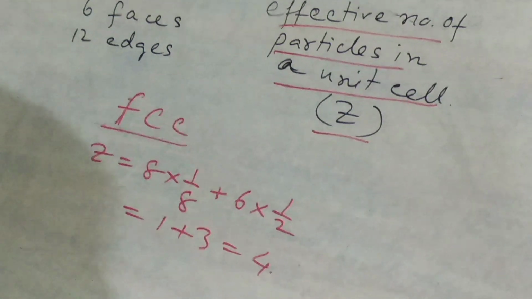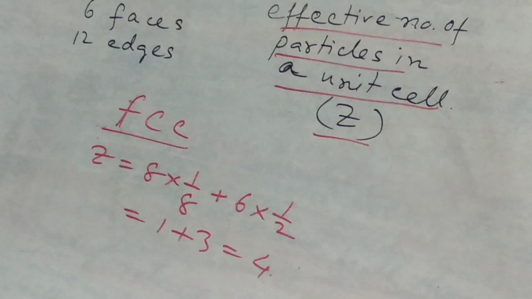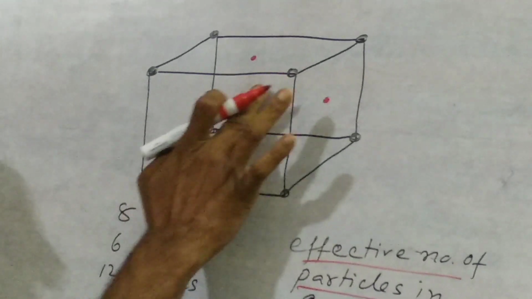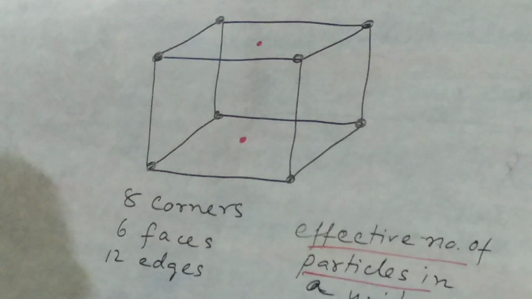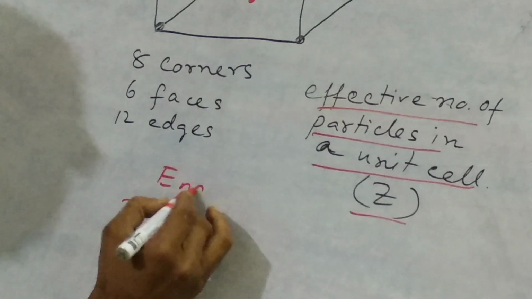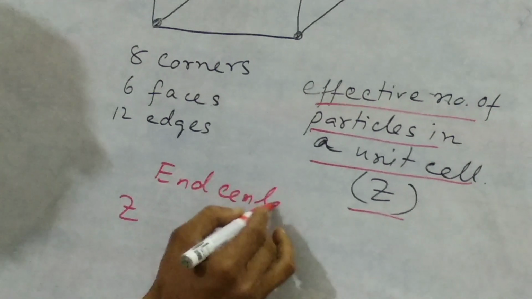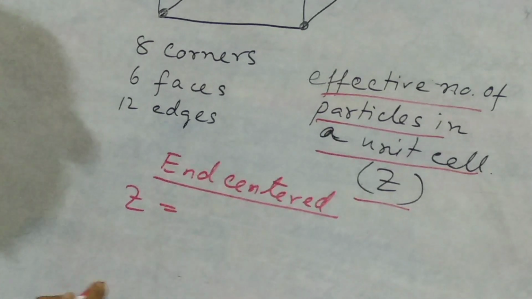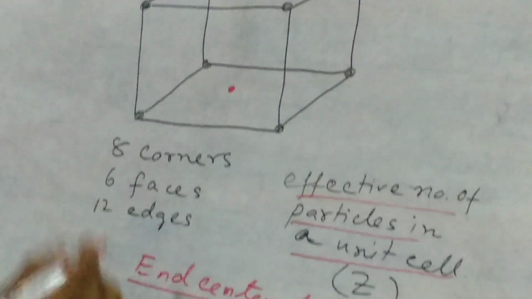And last of all, end-centered cubic unit cell. For end-centered cubic unit cell, Z equals to, so there are 8 particles at the 8 corners.